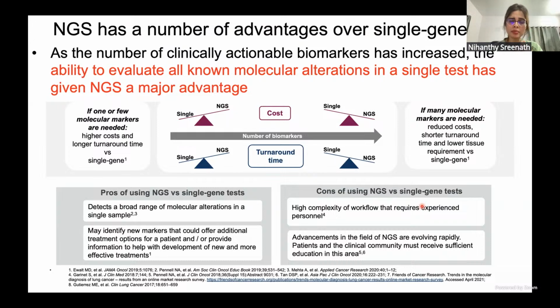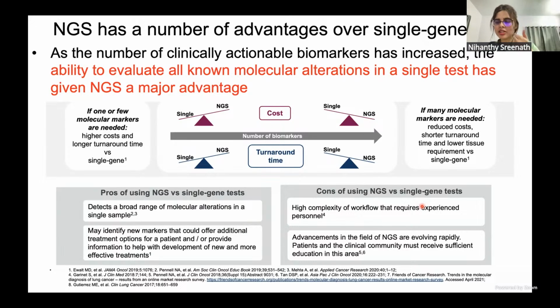This enables us to identify passenger mutations and driver mutations based on the allelic numbers, and this tells us which target can be given first. For example, if a patient simultaneously has an ALK mutation and also an EGFR mutation, how are you going to drive it? We do have some allelic numbers on that, and based on that, the added therapeutic benefit can be seen.